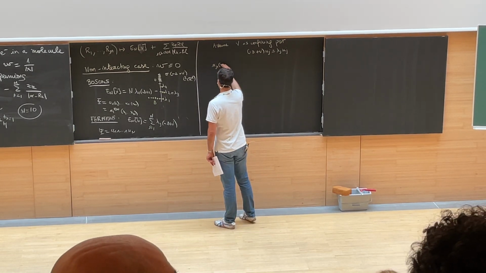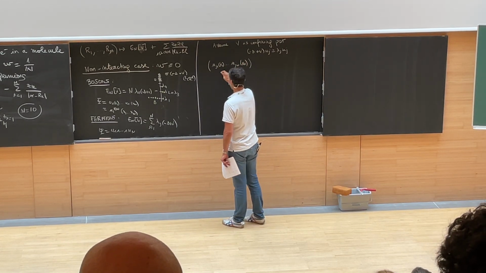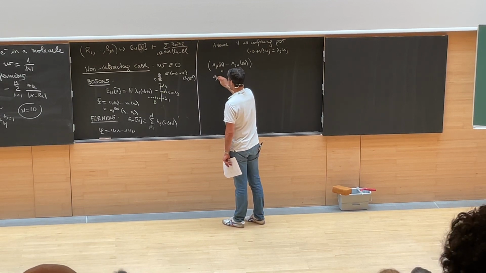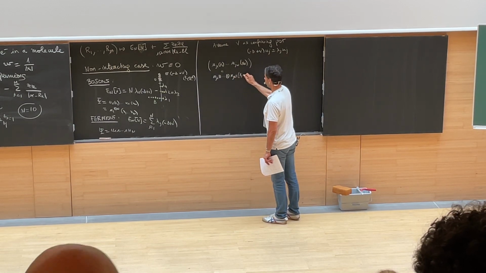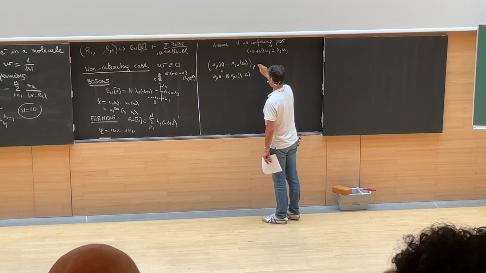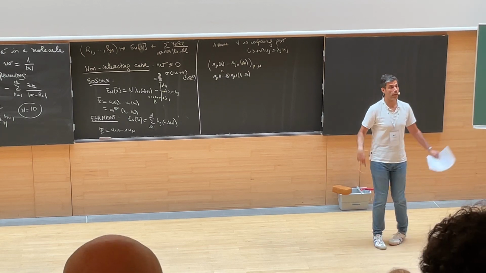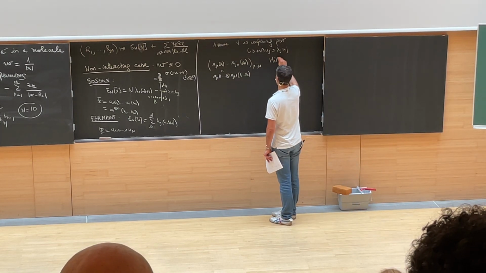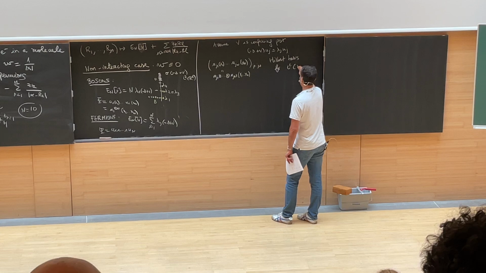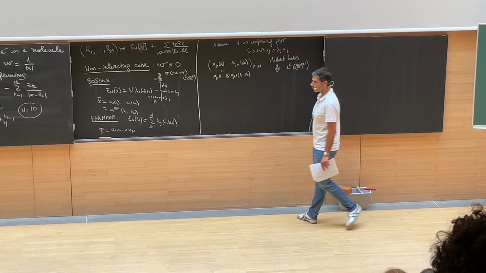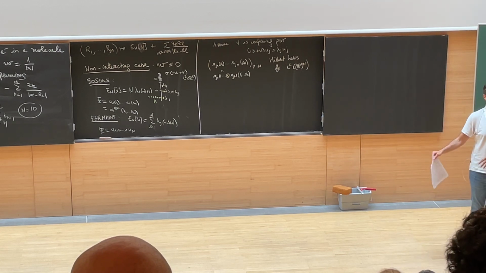So the u_j1 of x1, u_jN of xN, which is u_j1 tensor u_jN of x1, xN, when j1 to jN take any value, and that's an orthonormal basis of L2 of R^d to the N. So we've got a basis for L2 of R^d to the N. And of course, we don't work in the full space, we work in either symmetric or anti-symmetric functions.